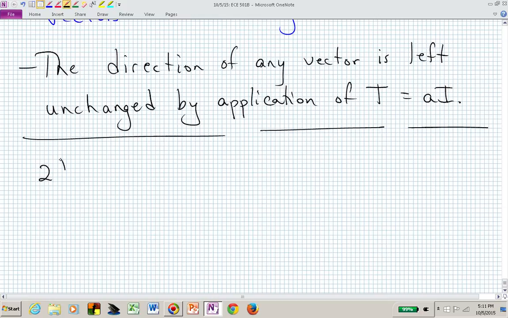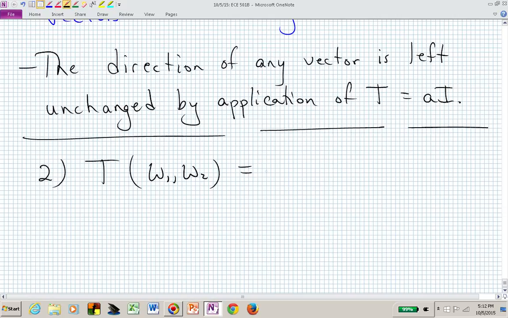Let's look at another example. Suppose we have a linear map T, and now it's an operator. So what do we know has to be the size of our output, or the codomain? It has to be the same size as our domain. The domain was two-dimensional, W1 and W2.